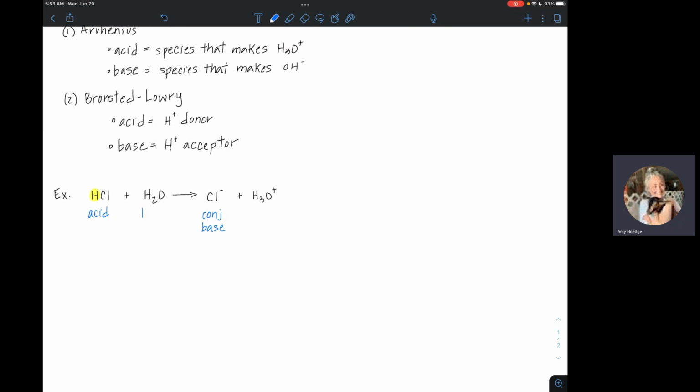In this case, the water is going to behave as a base. So it's basically just going to be accepting the proton. And then over here we have its conjugate acid. We call that the hydronium ion. When you're measuring the pH of a solution, if you remember, you're measuring the concentration of the hydronium ion.